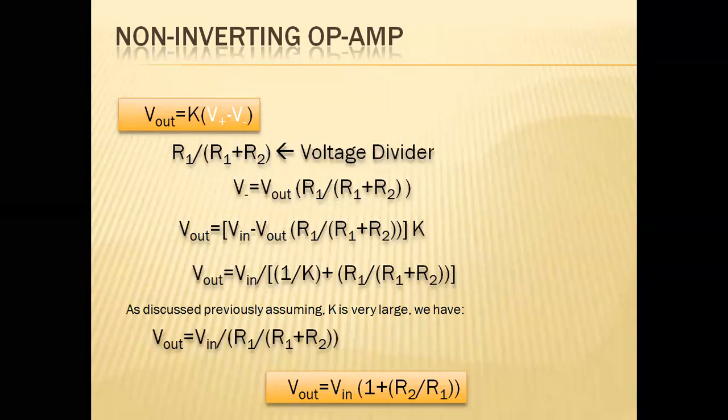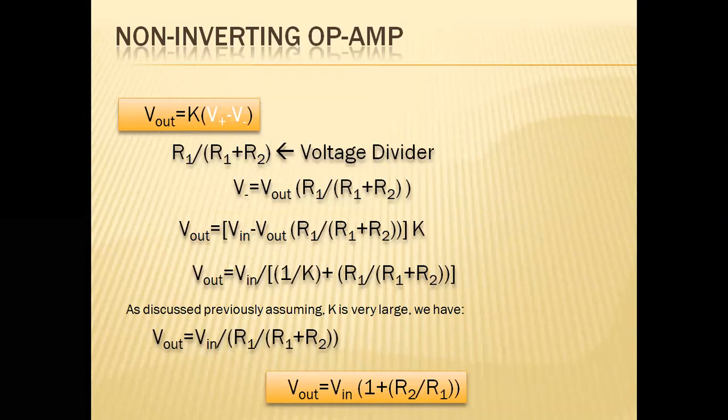We already know that the ideal amplifier and the real case of amplifiers will be calculated with respect to the product of this K into the positive voltage and the negative signal condition.